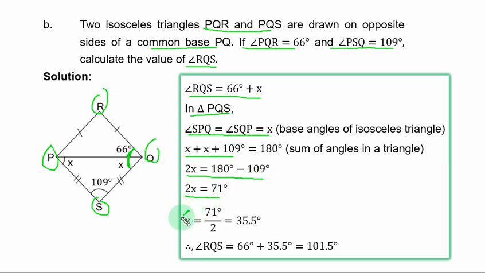Divide through by 2, s is equal to 35.5 degrees. You come back here. So where you have angle RQS is equal to 66 degrees plus 35.5 degrees, and that is 101.5 degrees.